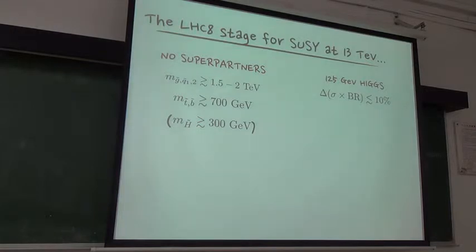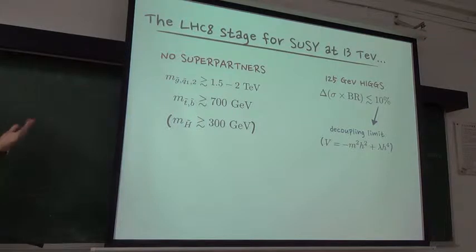We also learned something else very interesting at the LHC, which is that we discovered a Higgs boson that has properties that are very standard model-like. What I mean by standard model-like is that its branching ratios to different states seem to match the predictions of the standard model within about 10%. And what that means in the context of supersymmetry is that there's probably some type of decoupling limit, where supersymmetry predicts that the Higgs sector has more than one doublet, so you don't just have the normal standard model Higgs doublet, but also an additional Higgs doublet, at least one, possibly more.